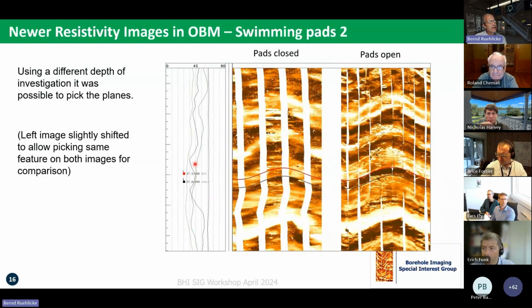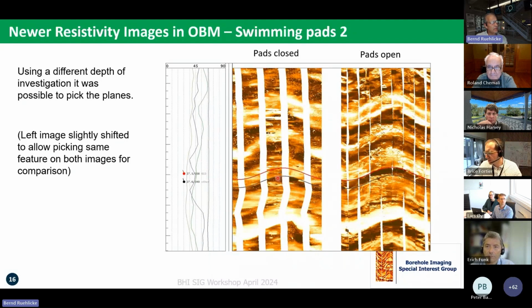And there's another example on the next page, very similar. On the right this time, we have the tool coming up as it should do with a normal pad wall contact. The image was shifted a bit so that we can pick the same feature on the image on the right, and we can also pick it on the left when we increase the depth of investigation, which is the real depth of investigation plus the distance from the closed pad to the wall, to make a kind of fake depth of investigation, and you will get similar dips coming out.